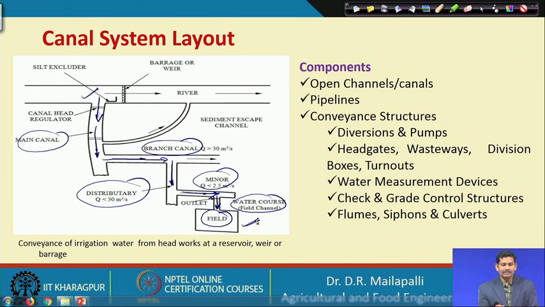In order to convey water from the river to the field, there are some structures, or we can say the components of the canal system. There are open channels, pipelines and conveyance structures like diversions and pumps, head gates, and the division boxes and turnouts, and water measuring devices, and checks, grade control structures, flumes, siphons, culverts.